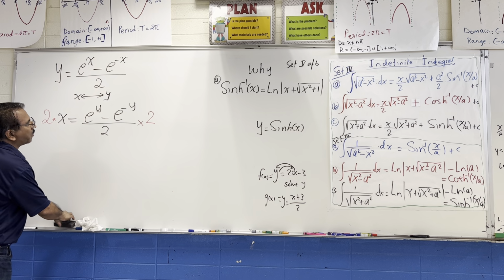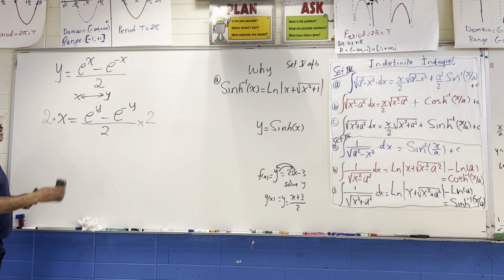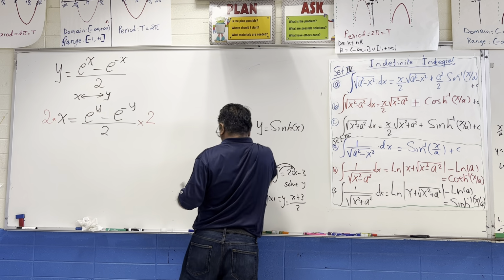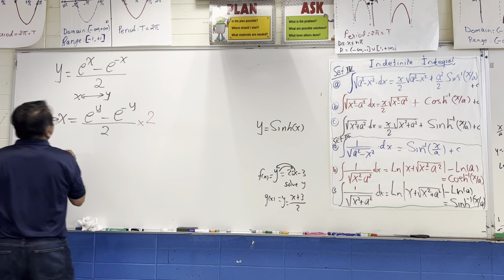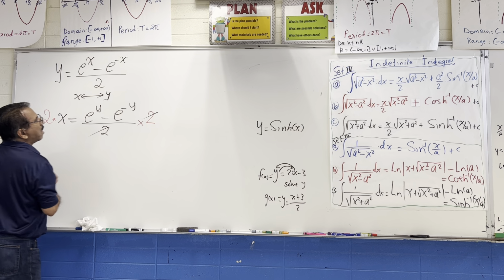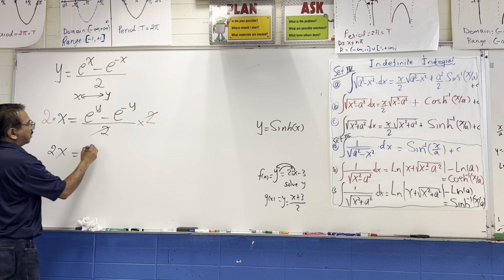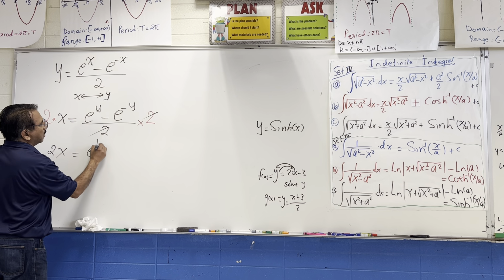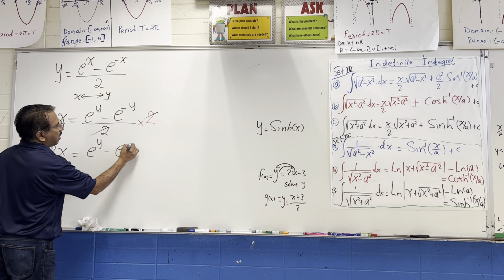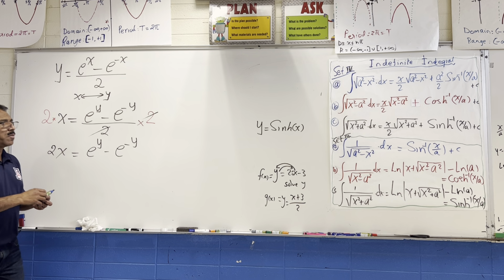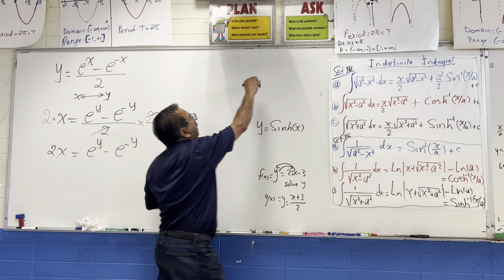I'm going to skip one step here so that I have enough room. So this 2 crosses out, and what I'm left with is 2x equals e raised to y minus e raised to minus y.